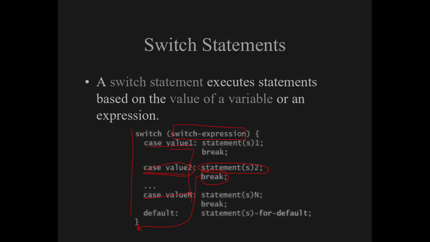Okay. So for instance, if you remove this break and the switch expression evaluates to value 1, you're going to execute this, and then you're going to execute this. This is called fall through, if I'm not mistaken. And then you're going to see the break, and jump to the end.